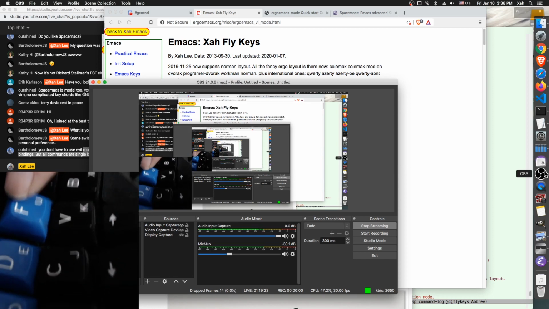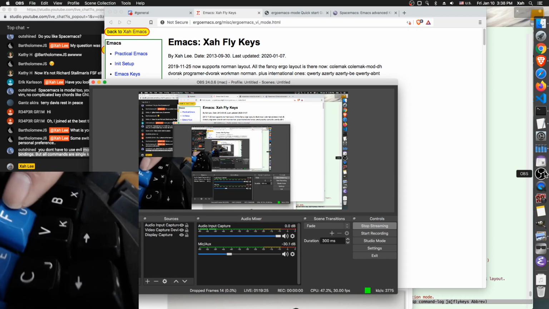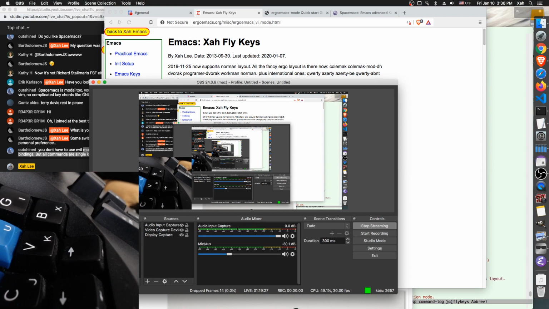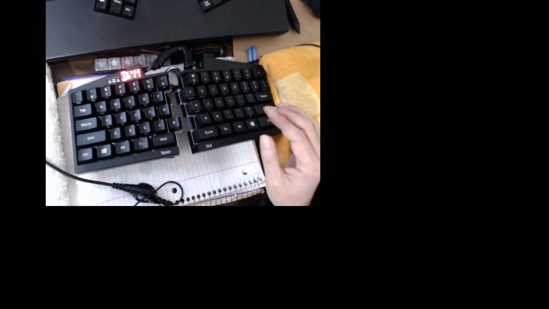No, you cannot. Okay, that's Kinesis brown. Meanwhile, I have this Ultimate Hacking Keyboard. It's on my website, and this is red switch.